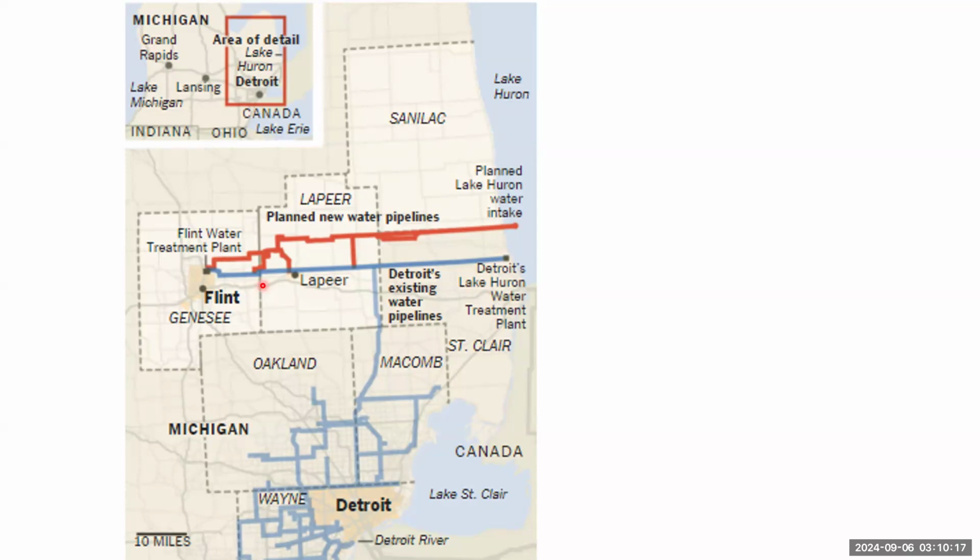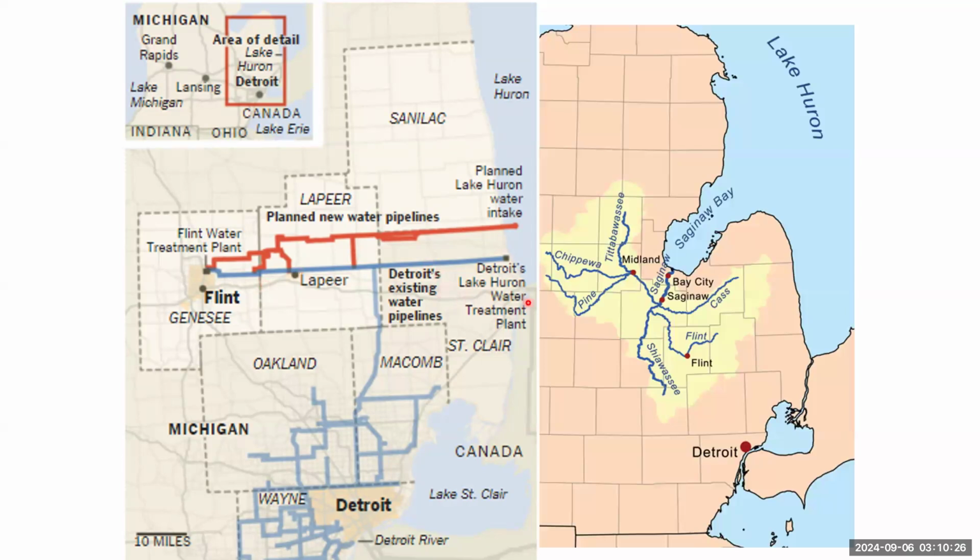But then the city managers of Flint saw the price tag for the building of that new pipeline and said, that's way too expensive. We've got this whole river right here. Why not just get water from the river? And so that's what they did. And this river and a lot of this land up in here looks a lot like Niagara County.